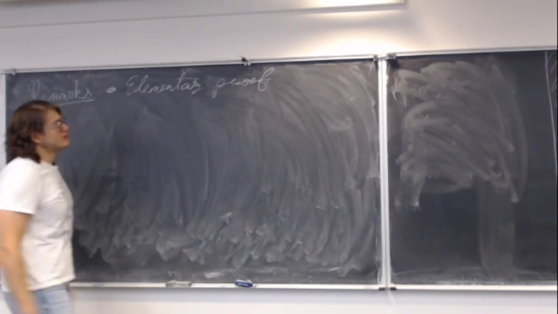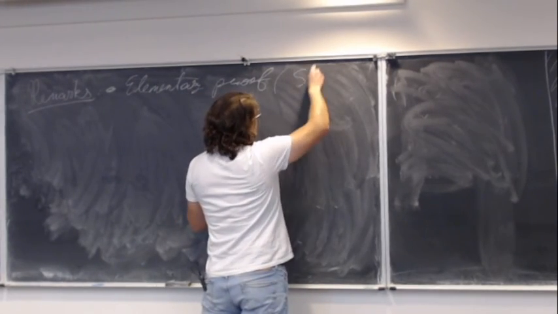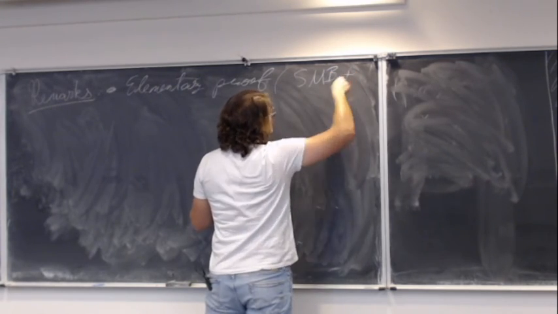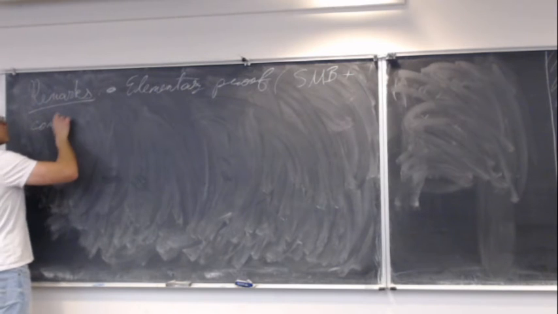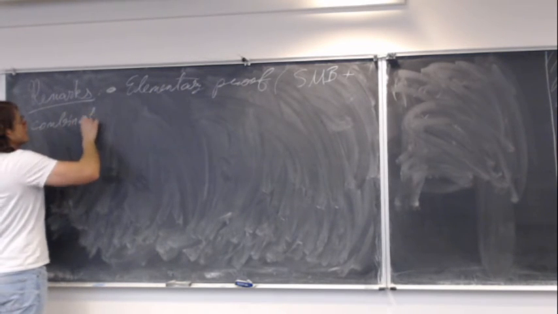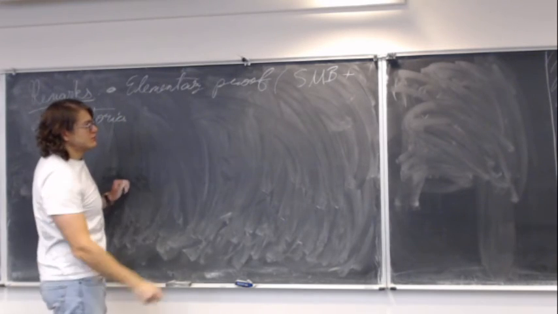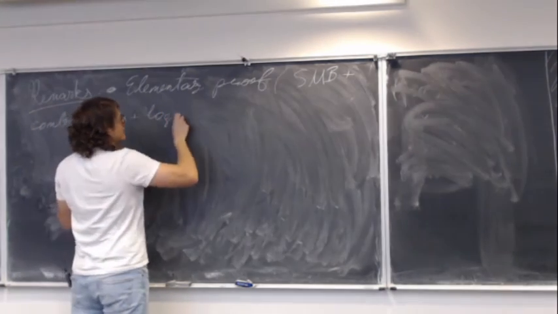But essentially, all they're using is the standard Shannon-McMillan-Breiman theorem plus some combinatorics. And there's some associated logistics underneath all this. So let me just write that as well.